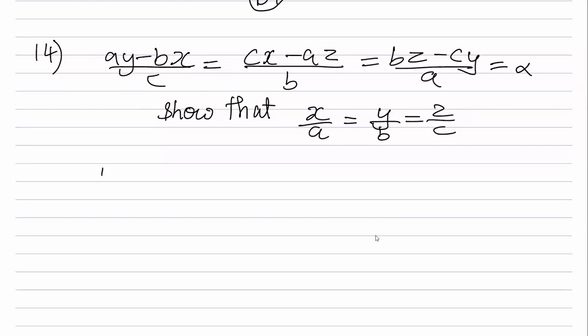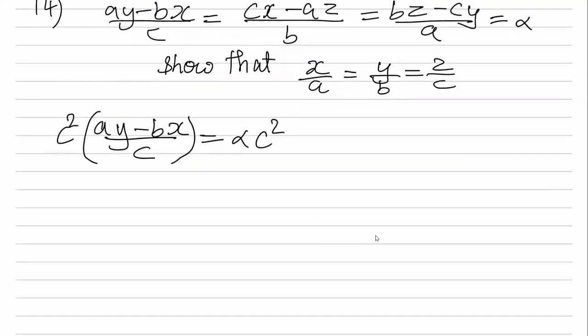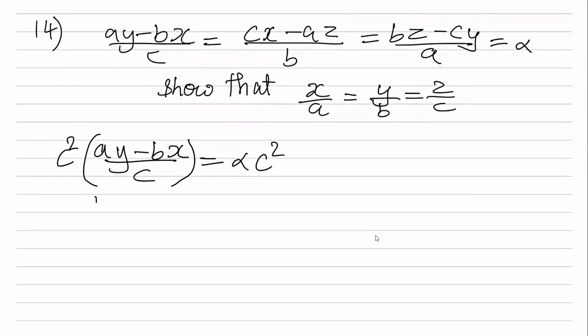So we have ay minus bx upon c is equal to alpha. What I do, I'll multiply this by c square and c square over here. Same way for cx minus az upon b, I'll multiply both sides by b square equal to alpha b square.